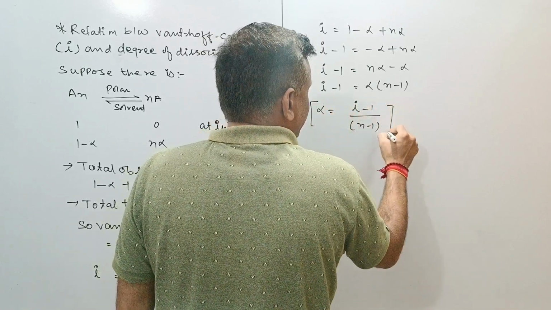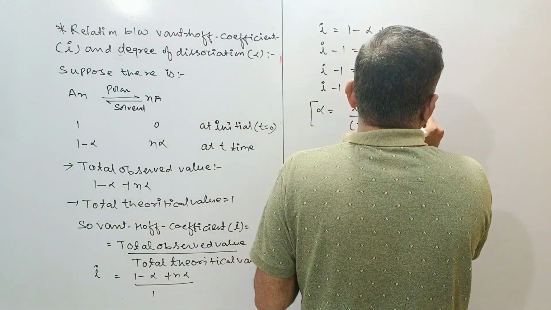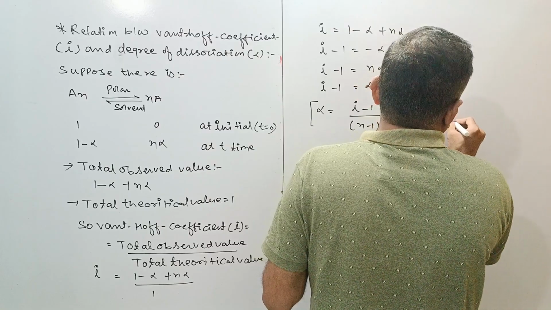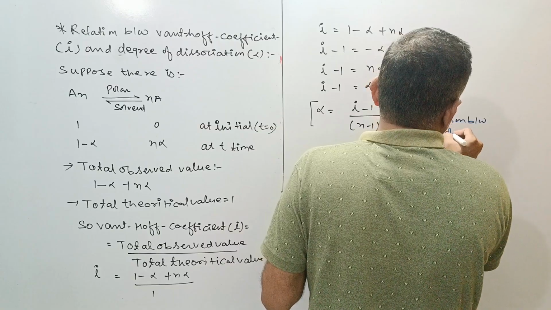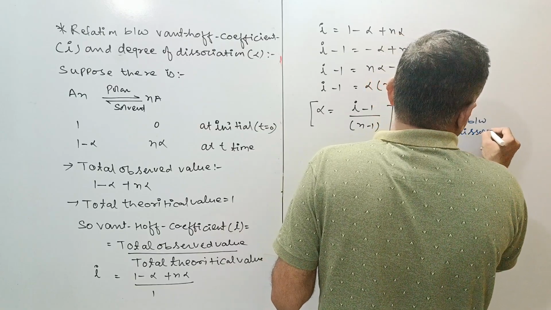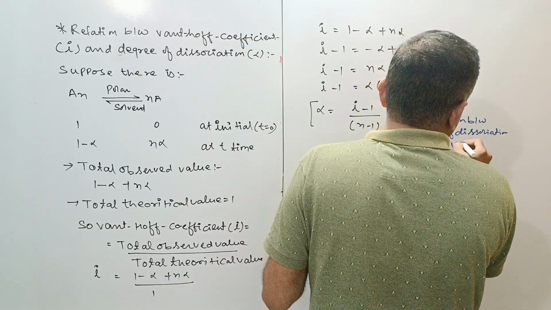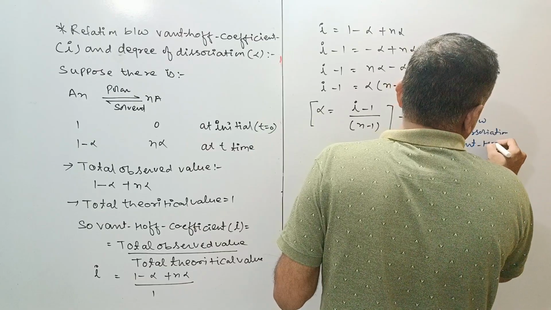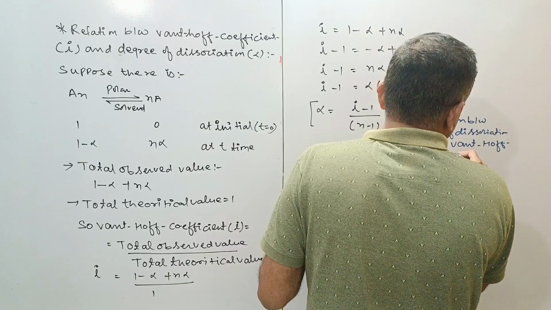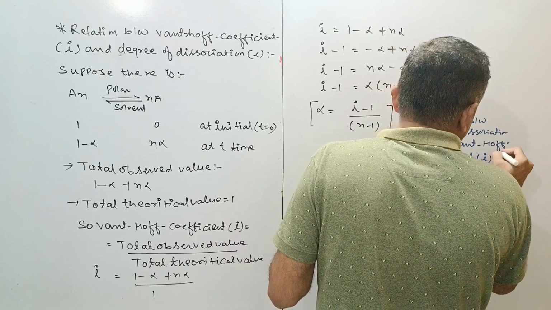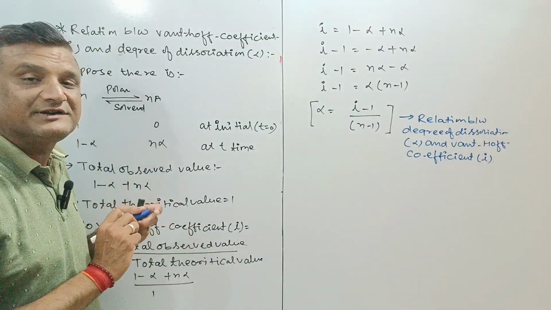This is the relation between degree of dissociation alpha and Vant-Hoff coefficient i.